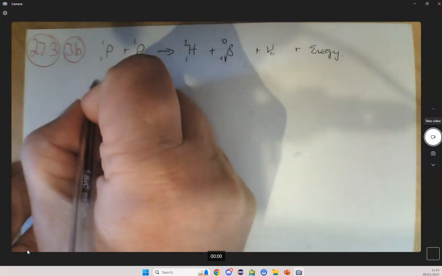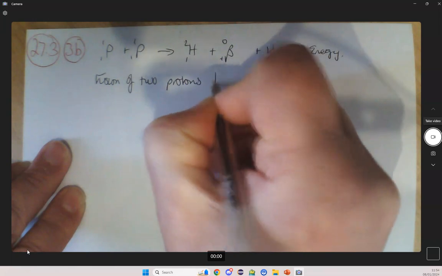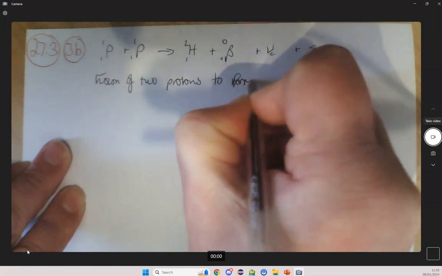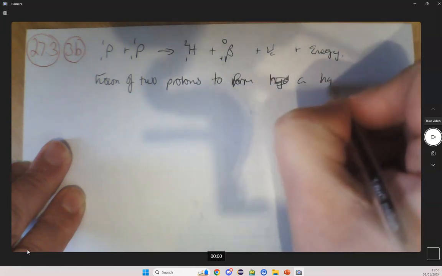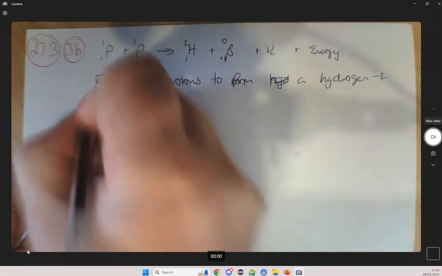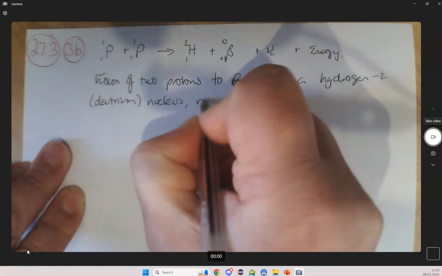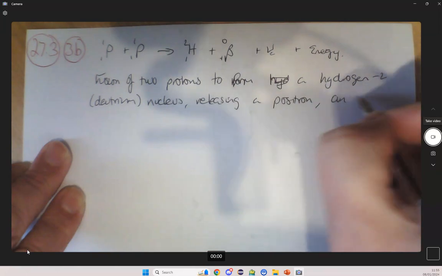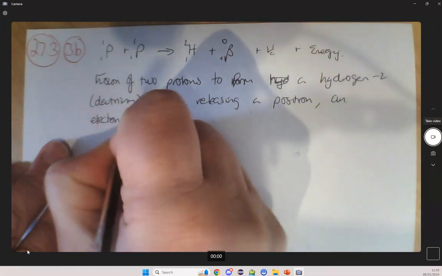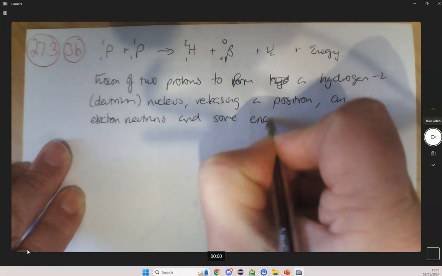So if we look at it, what's going to happen is we've got the fusion of two protons to form hydrogen 2, which is also a deuterium nucleus, releasing a positron, an electron neutrino, and some energy.